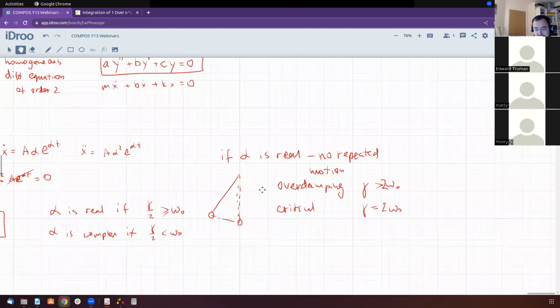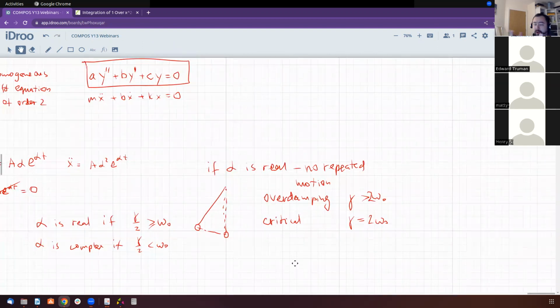Okay. So in school, they just explain to you what overdamping is. Overdamping is no repeated motion, and here we actually show you the maths. I try at least to show you the maths of how you do it. So overdamping is when gamma is greater than 2 omega 0.